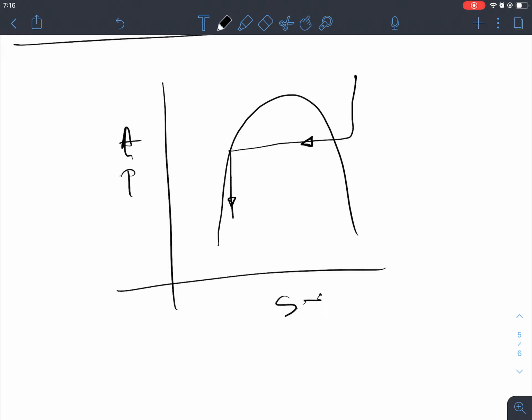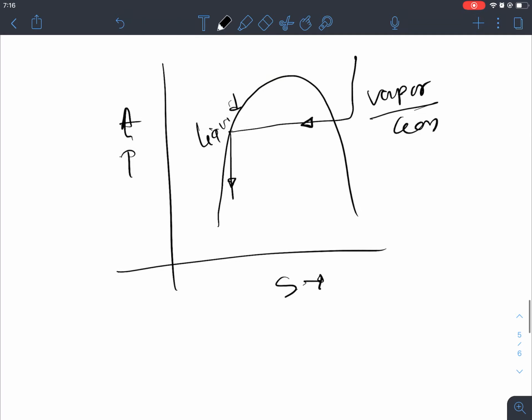This is the vapor, or the gas, and this is the liquid. So you are decreasing the temperature along this line.